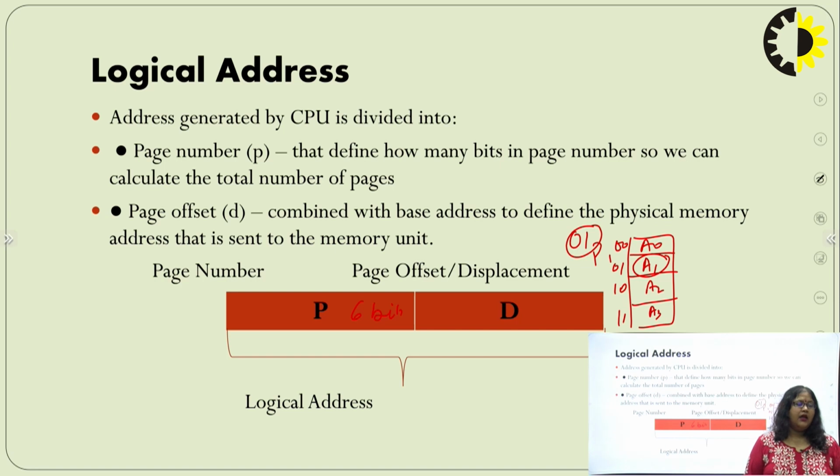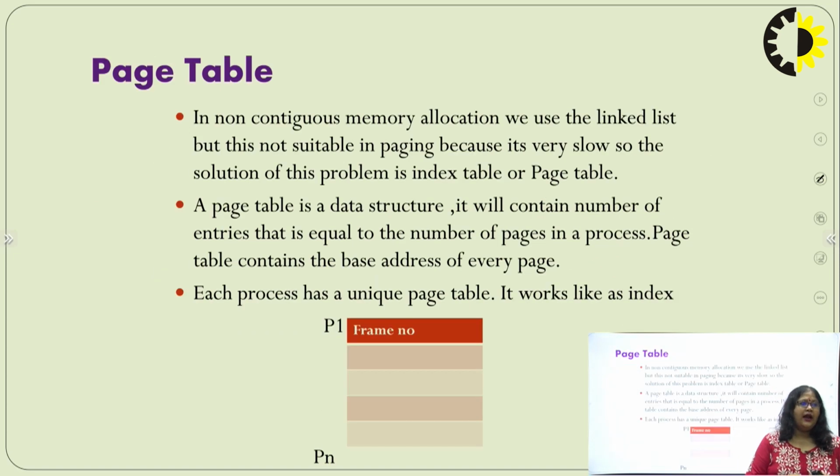So P0 to P63 are the pages, and each page has 4 words. Each word is represented by 00, 01, 10, 11, but along with the displacement we also have to put the page number in the address. This creates the logical address.